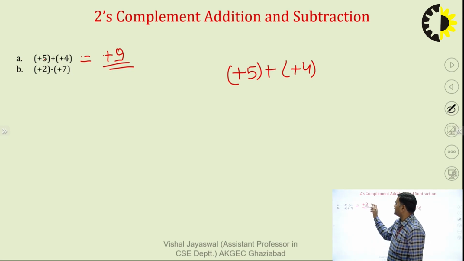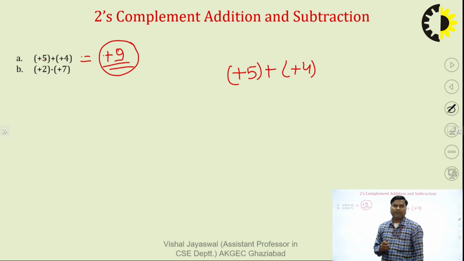If we take the result, that is plus 9. Here 9 is a 4-bit number, and there is another bit for the plus sign. That means the result is 5 bits. So here is the condition: if we add n-bit numbers and the result we obtain is of n plus 1 bits, then we can say that there is an overflow.